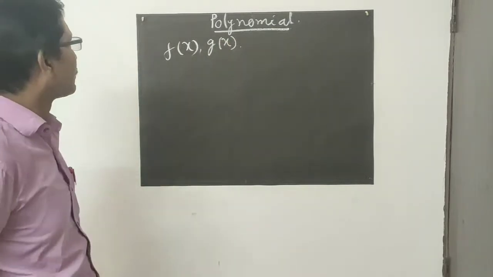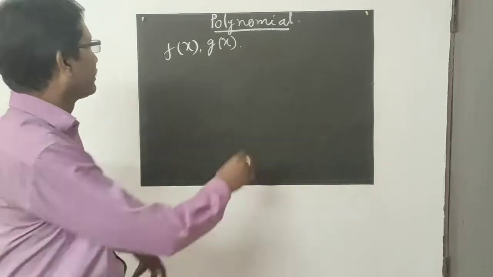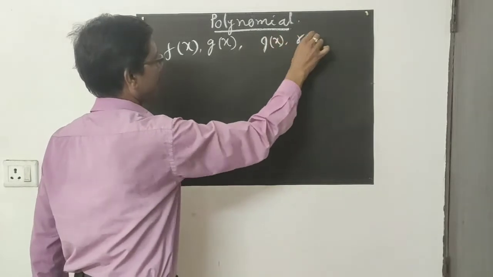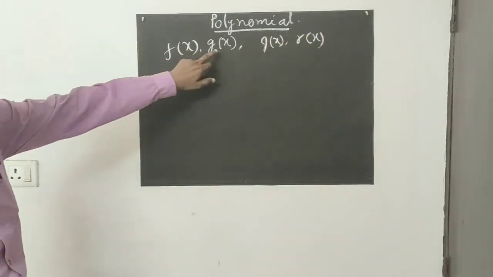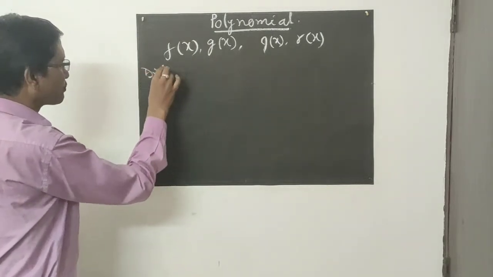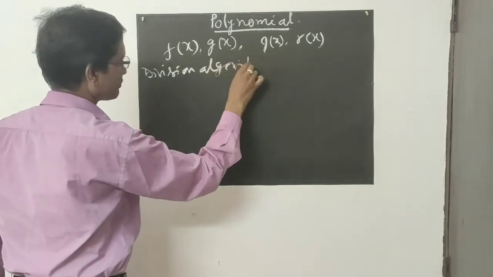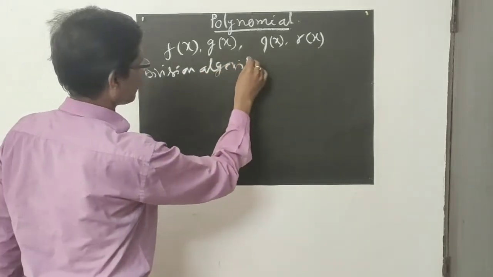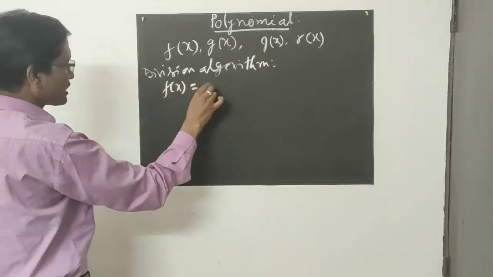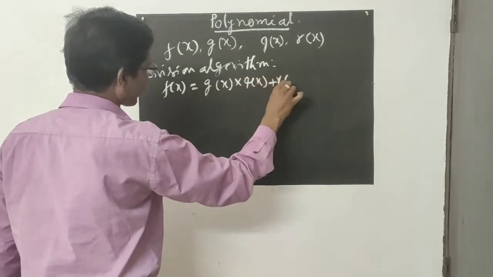Then there are two other polynomials, q(x) and r(x), such that when f(x) is divided by g(x), you get, by the division algorithm rule, f(x) equal to g(x) into q(x) plus r(x).